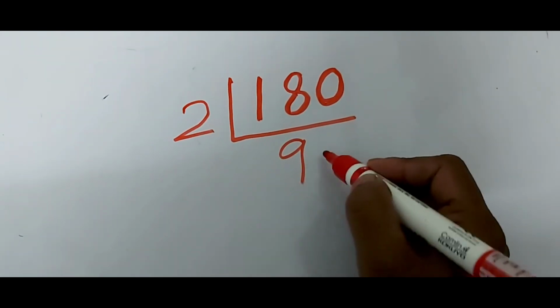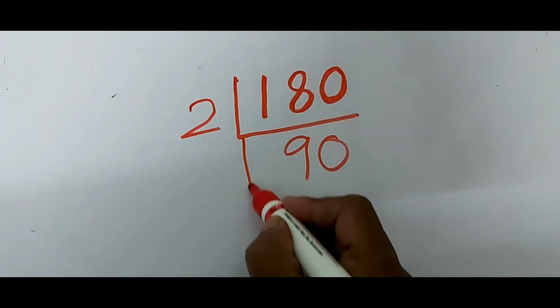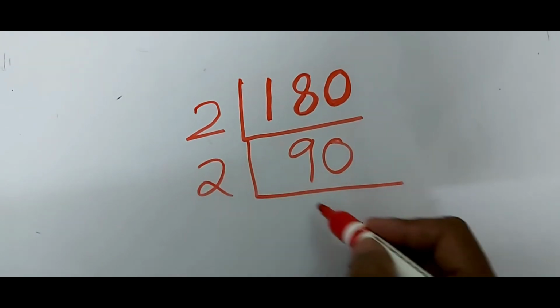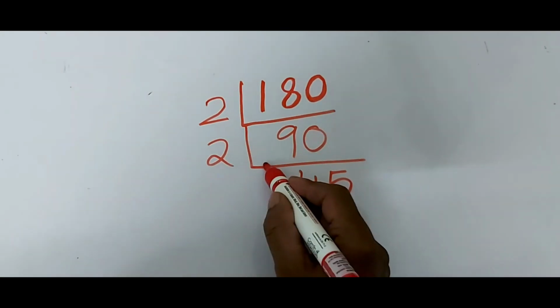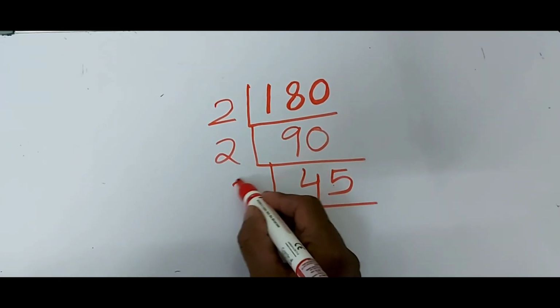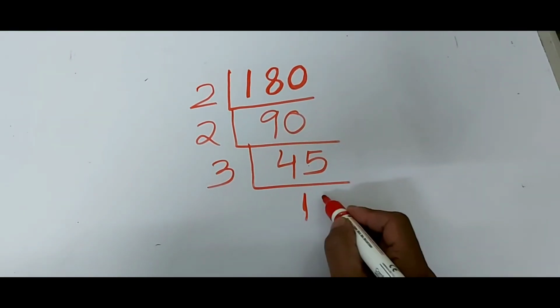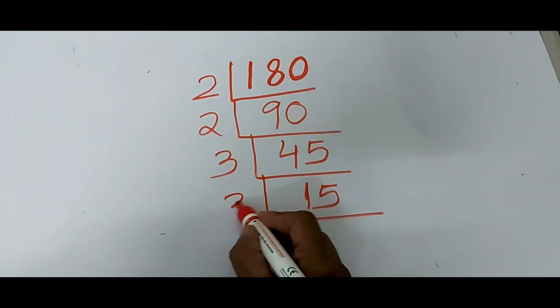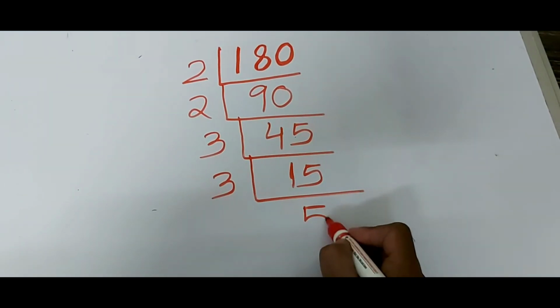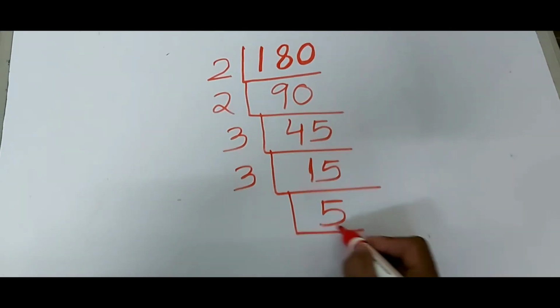So 2 90s are, again 2 45s are, 3 15s are, 3 5s are, and lastly 5 1s are.